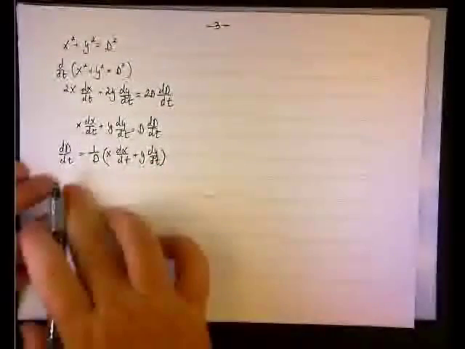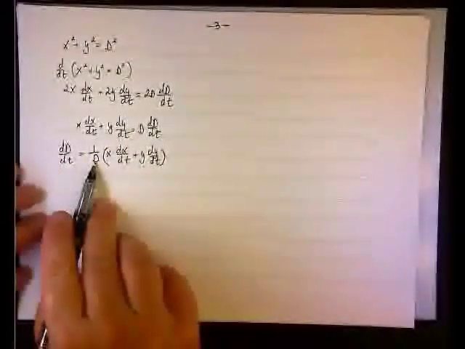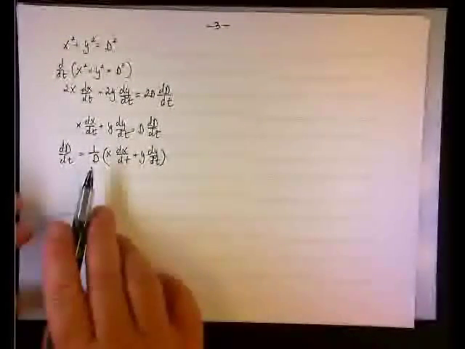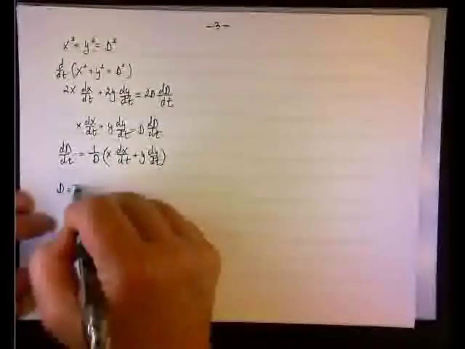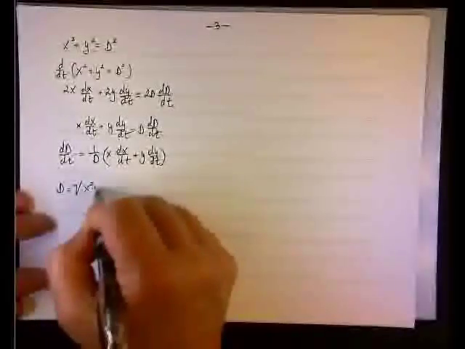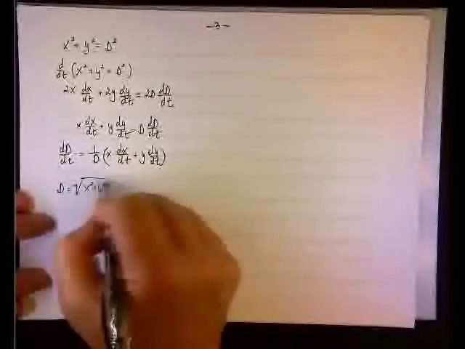So we solve for dd dt, except you don't know what d is right now, but this is easy fixing because d itself is the square root of x squared plus y squared, and we have those values.